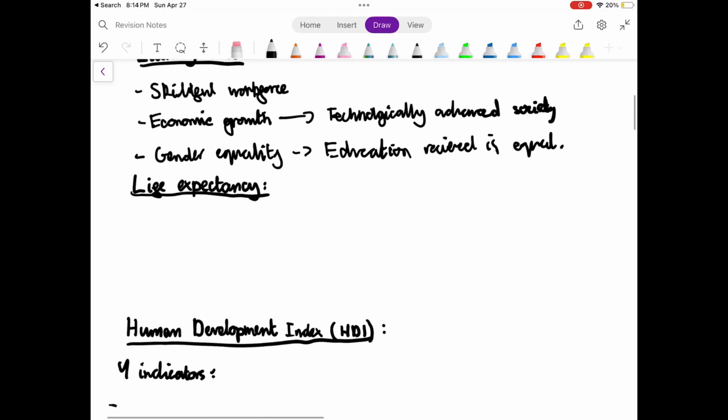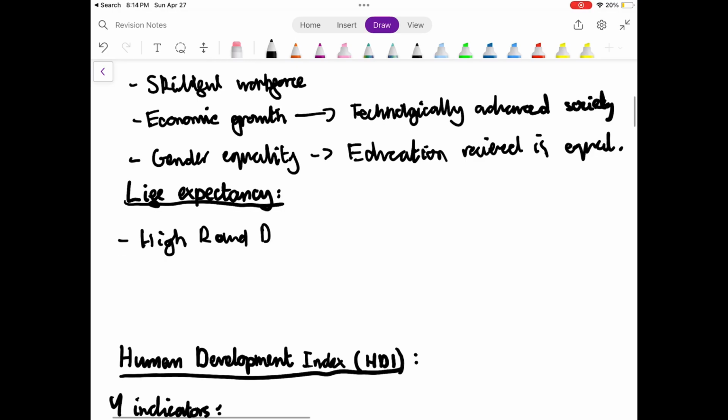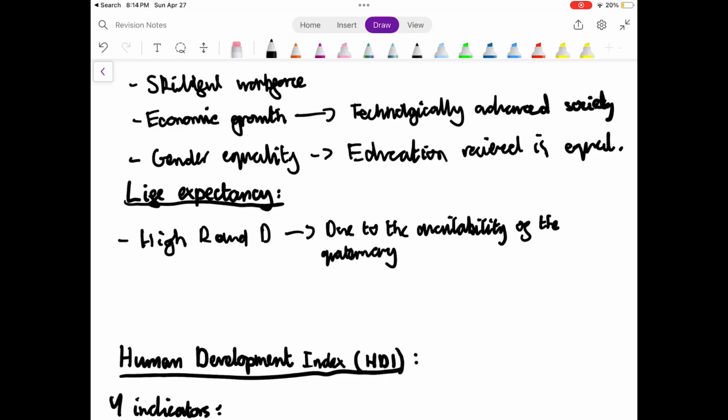Okay, so the next thing we're going to be looking at is life expectancy, and this shows high R&D. High R&D stands for research and development, and this could be due to the availability of the quaternary sector.